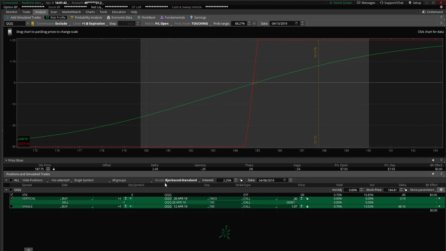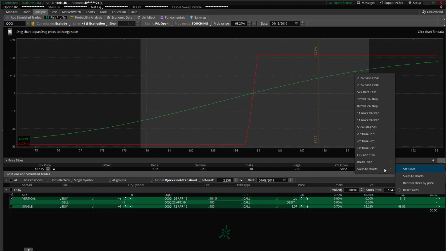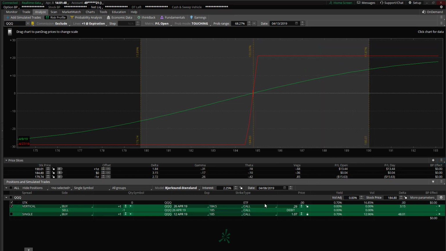We could identify our profit in such a situation by using the Analysis tab to do that.